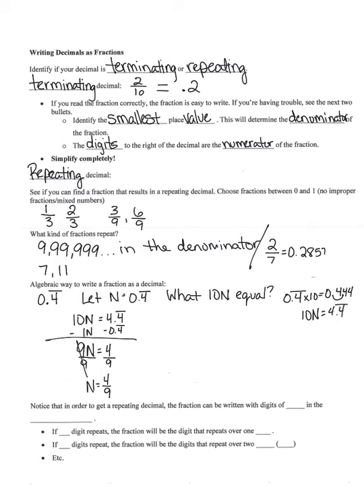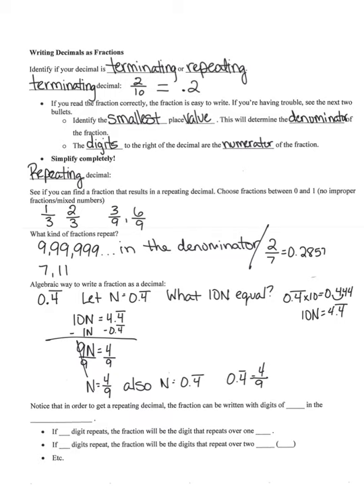So as we can see, n, which we stated above was equal to 0.4 repeating, is also 4/9. So 0.4 repeating as a fraction is 4/9.